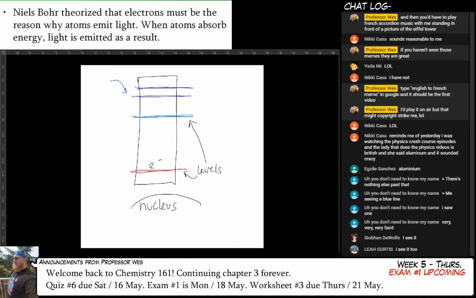Then let's suppose that I do the following to it. I hit that electron with a photon. What does a photon contain that it could transfer to the electron? I'll give you a hint. I wrote it as h nu for a reason. What is contained by the photon that will hit the electron and do something to it?